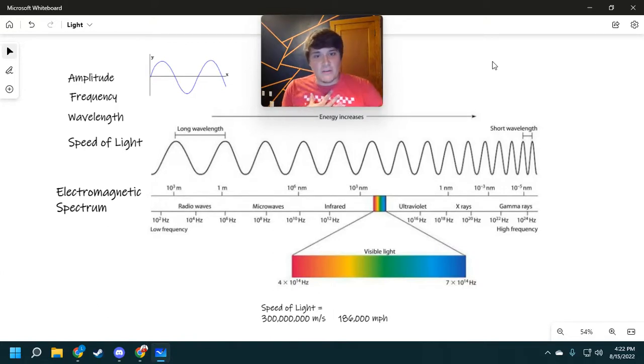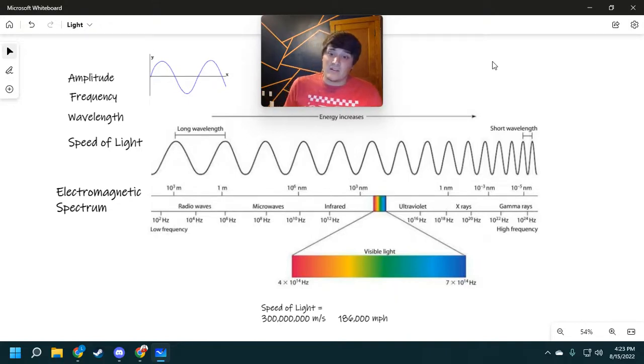Now, we as human beings are only able to see certain types of light. The different colors of light that you might see when light reflects off of different objects out in the universe, they give off different wavelengths of light. And so some wavelengths we're able to see, and then some stuff is outside of our eyes' range of vision.